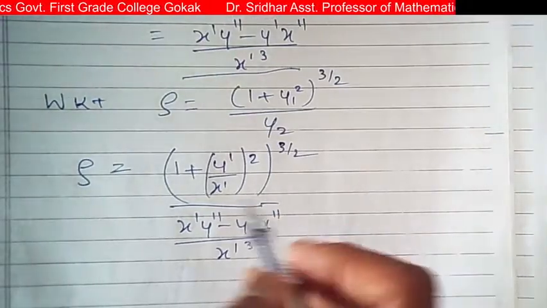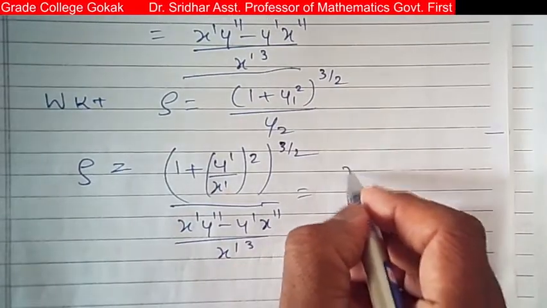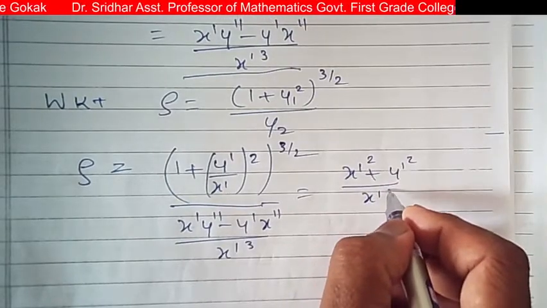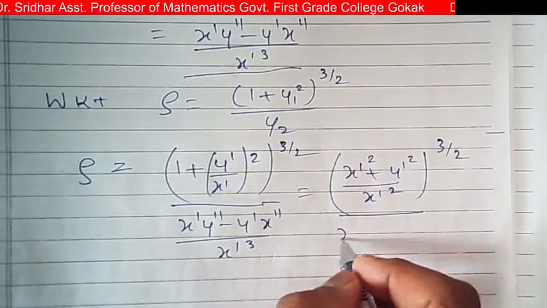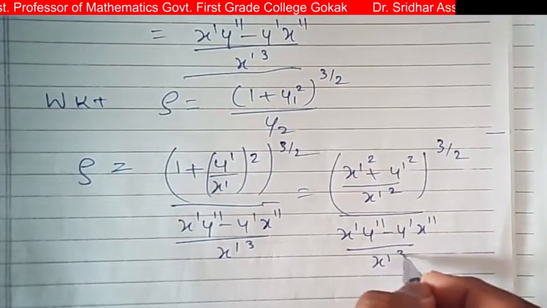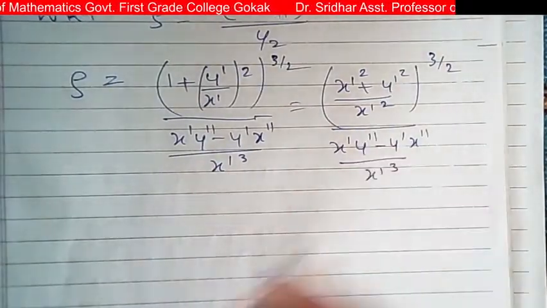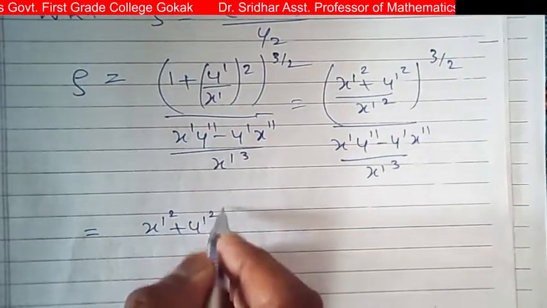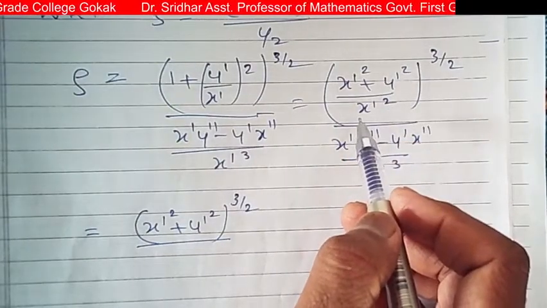Simplifying, what we obtain, take LCM here. After taking LCM, which gives x dash square plus y dash square whole divided by x dash square, raised to 3 by 2, whole divided by x dash y double dash minus y dash x double dash whole divided by x dash whole cube. Just simplify that. A by b whole square is a square by b square, right?